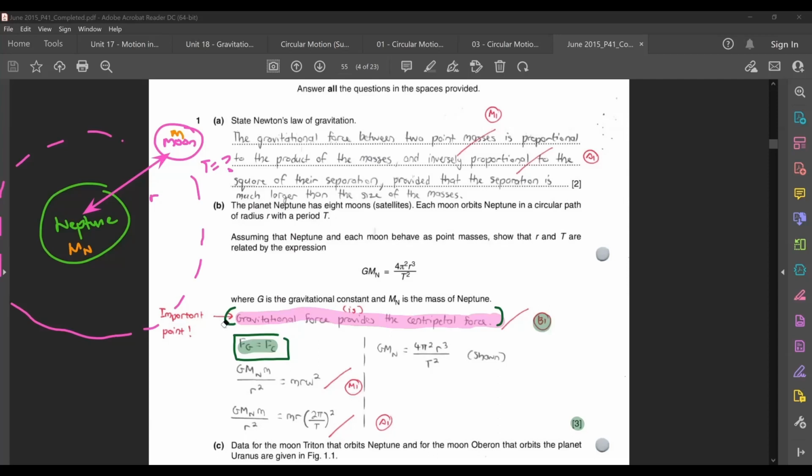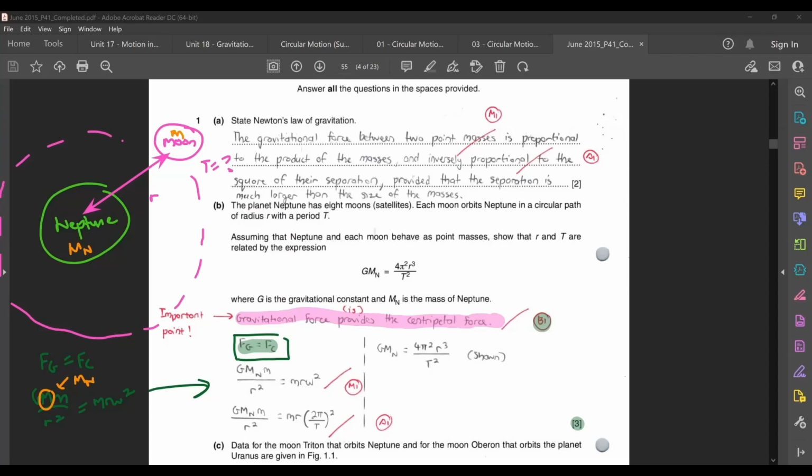So gravitational force provides your centripetal force. Fg equals Fc. So you can just use GMm over r squared equals m r omega squared to derive. The only thing you need to be careful about is that your big M is now M_N.